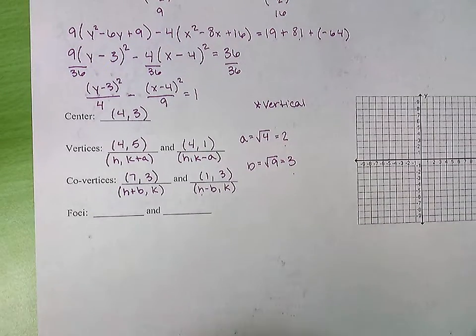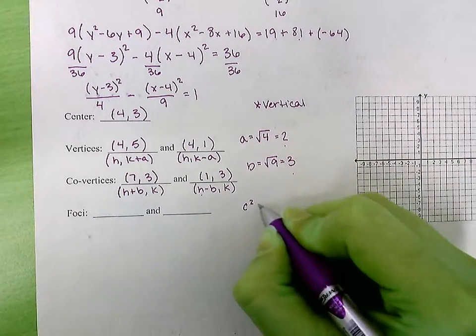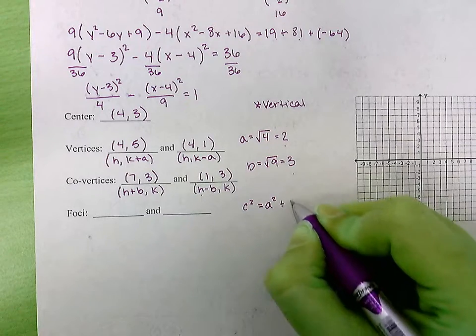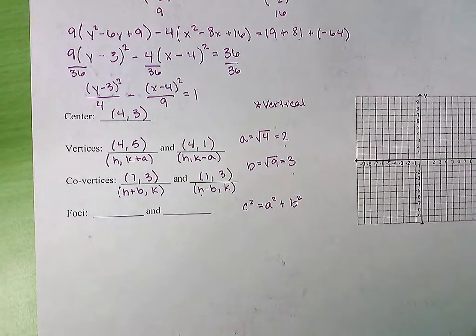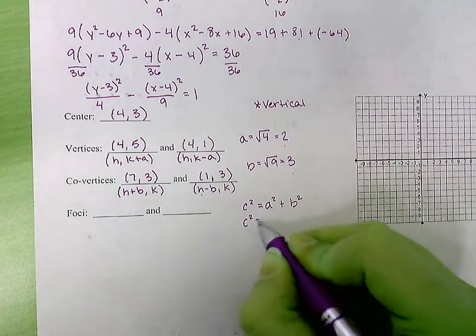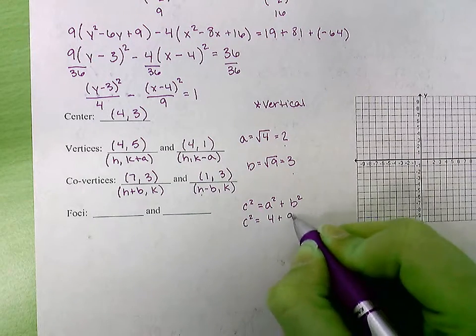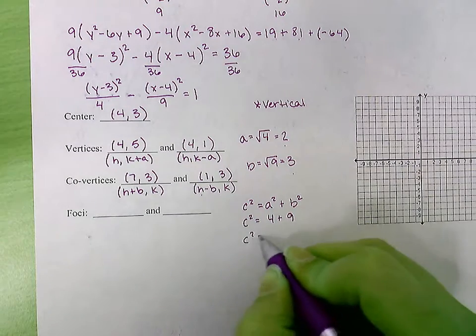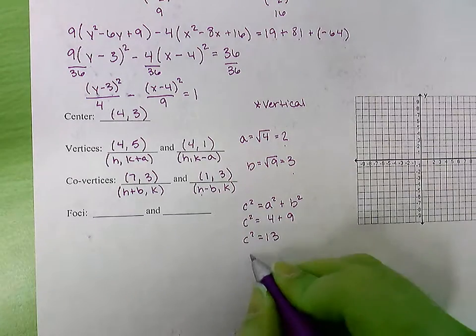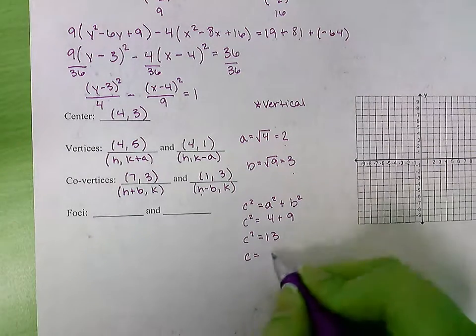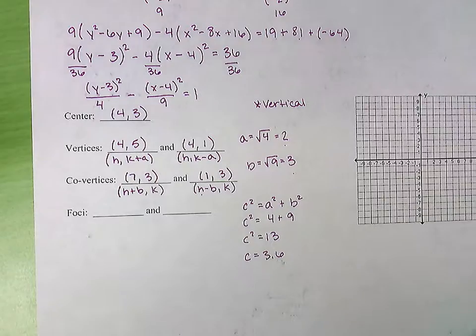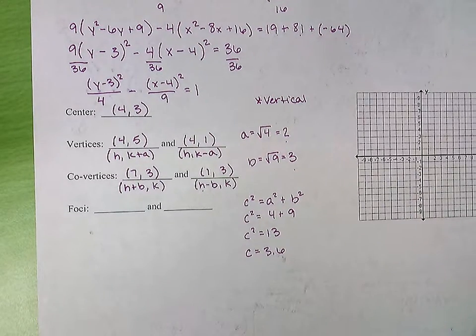To get our foci points, we need to use our equation c squared is equal to a squared plus b squared. Okay, so we have c squared is equal to 4 plus 9. So c squared is equal to 13. So c is equal to 3.6. It's the same as we did on the first problem.